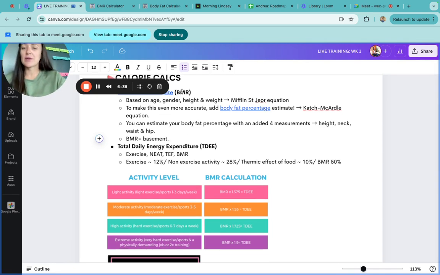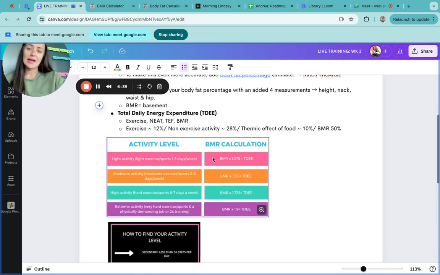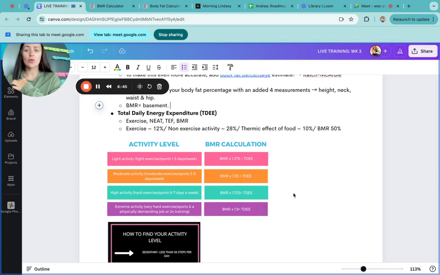Now, once we have that basal metabolic rate, we are going to take that number and multiply it by an activity factor, okay? So when we do that multiplication, we are finding the total daily energy expenditure. This is much closer to what our maintenance calories would be, okay?